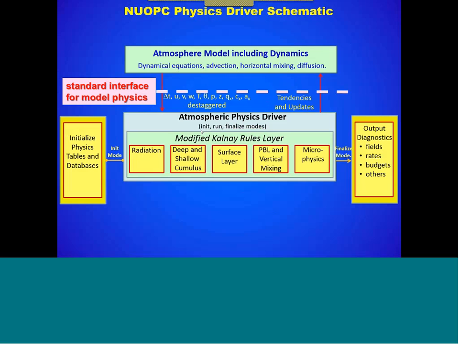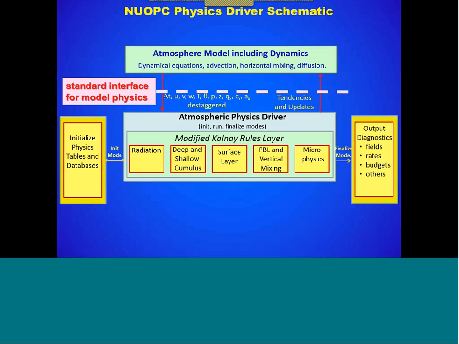And as was brought up earlier, we have a physics interoperability group, and we were trying to create a standard physics call within the atmosphere, so that we have a standard interface for 1D physics for any dynamics.